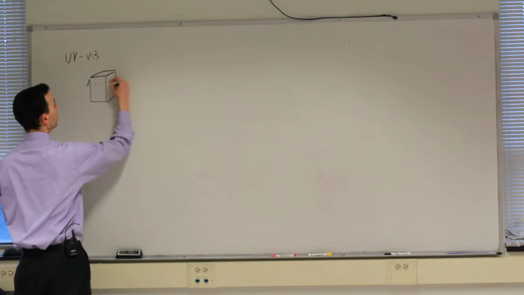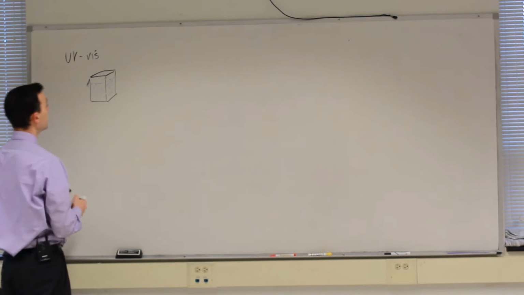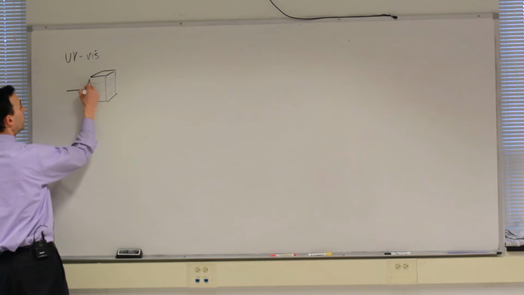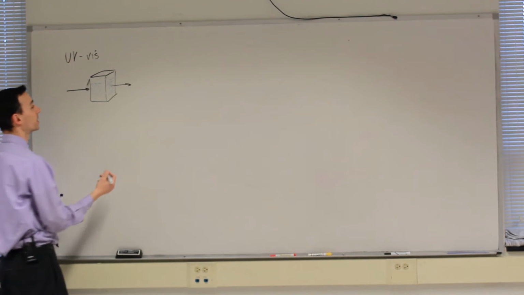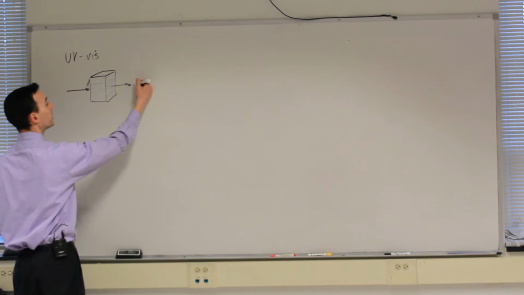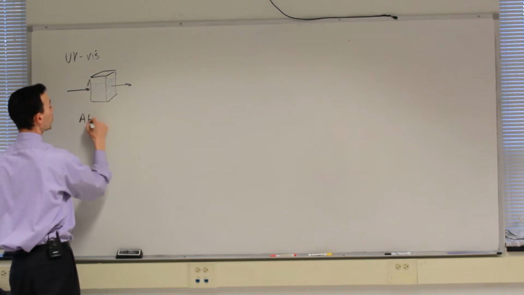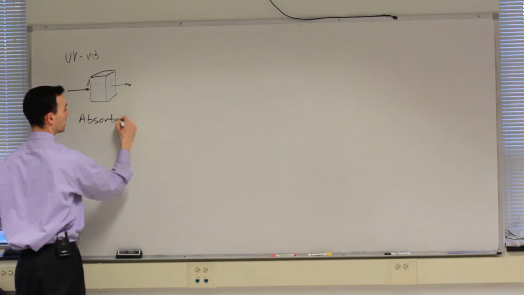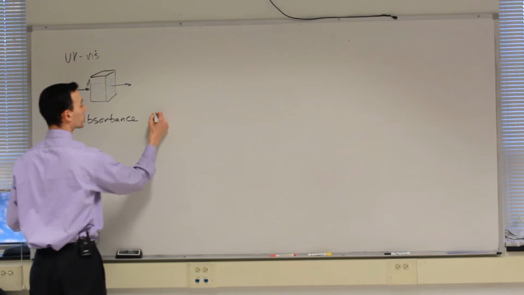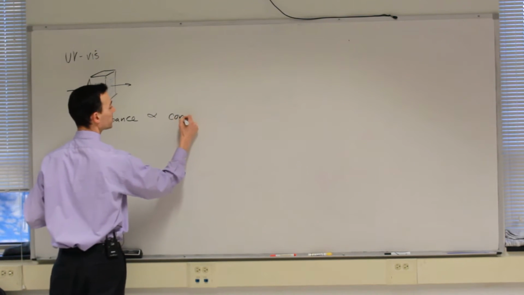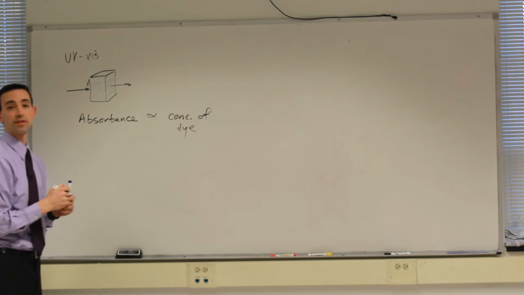Now this is blue, but it'll be purple in the actual lab. We'll put the cuvette into the spectrometer, and we'll measure how much light is coming through. So the absorbance of the solution is directly related to the concentration of dye in the solution.